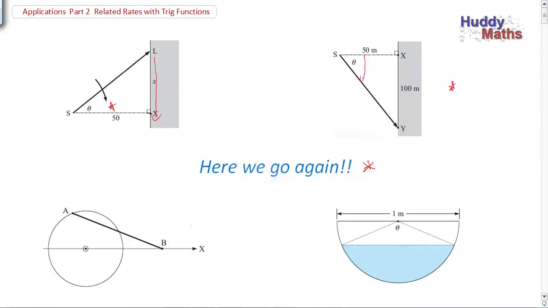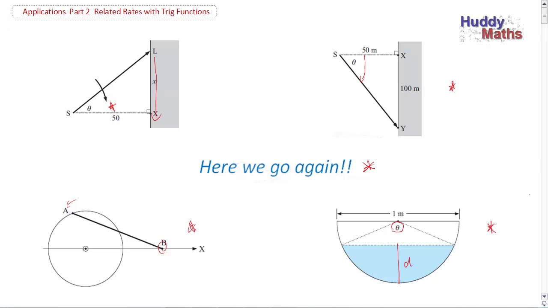Down here, if we're rotating A around this flywheel and B is driving a piston, what are their relative speeds or rates of change with time? Oh, and here's another one. It looks like this is filling up with fluid. How quickly is theta changing, or how quickly is the depth changing in terms of filling up this area, so this volume here.